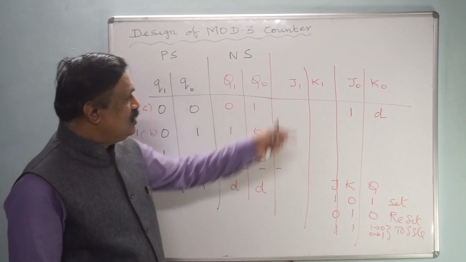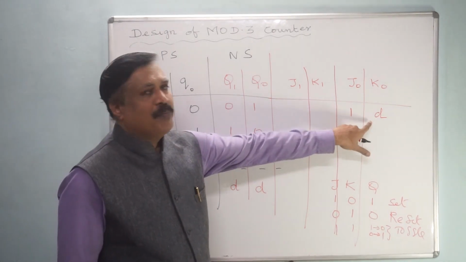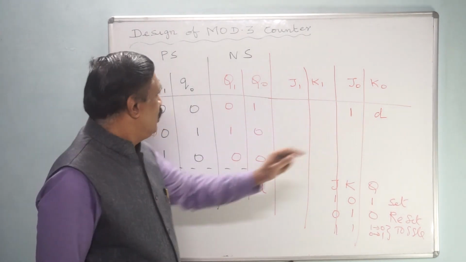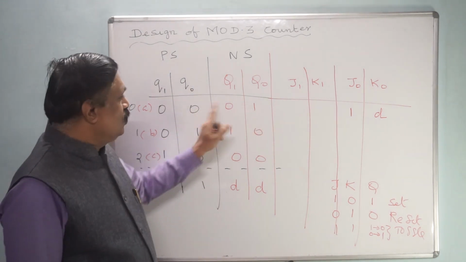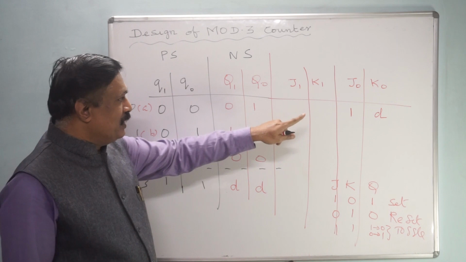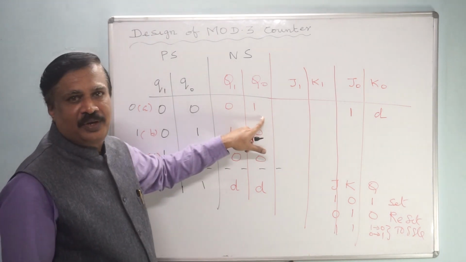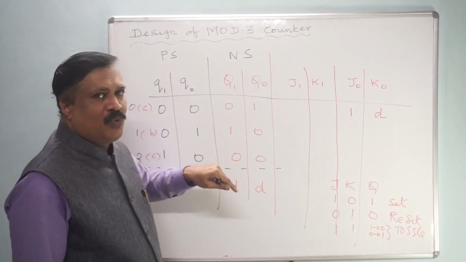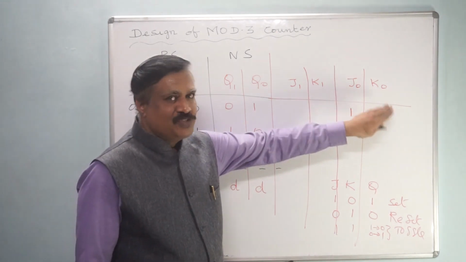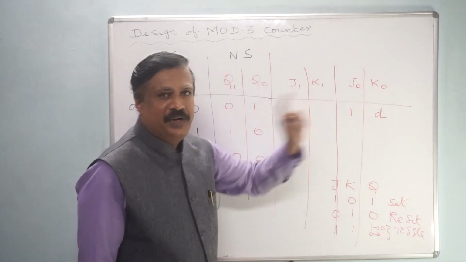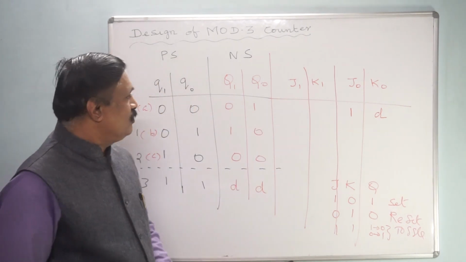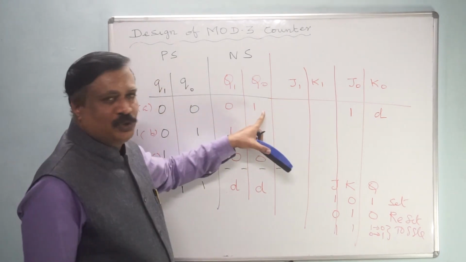Because the change of state is 0 to 1, if both are 1 the change occurs, otherwise J should be 1, K should be 0, then also change of state occurs. Therefore 1X. This is the excitation for this input change.